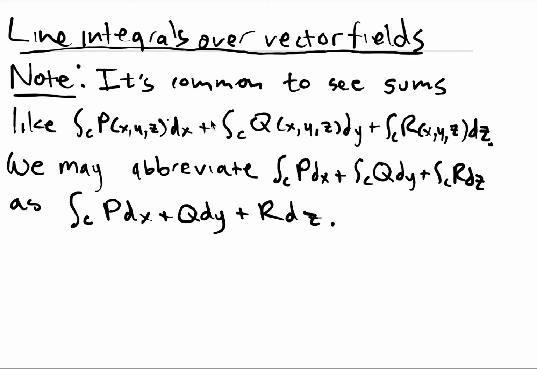Now, we could write the integral in this format, or I can abbreviate it. If it's clear that we're dealing with x, y, z coordinates, you can rewrite this without those variables tacked on the end. Or instead of treating this as 3 separate integrals, I could just put them all under the same integral if they are all integrated against the same curve.